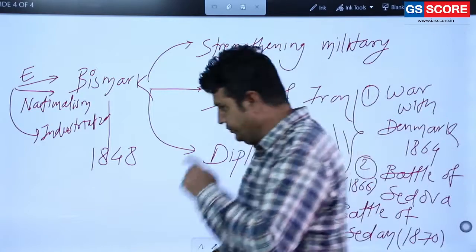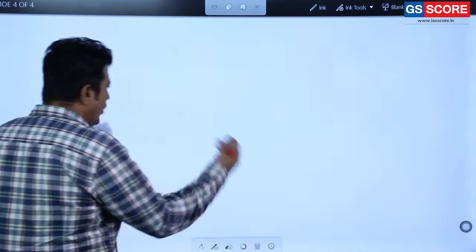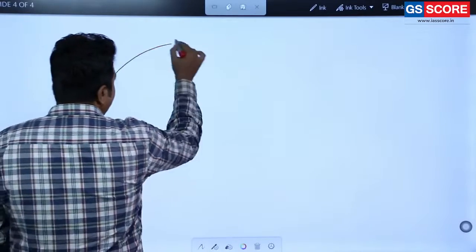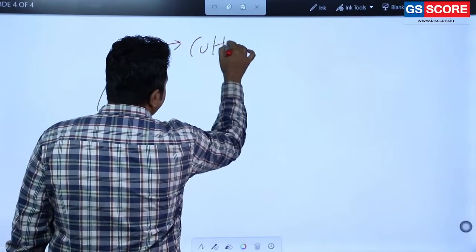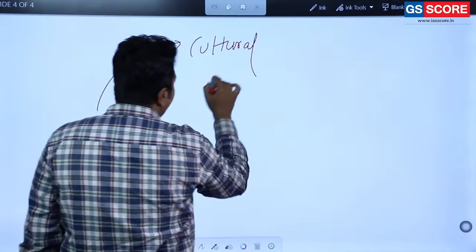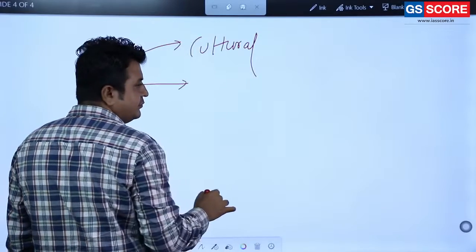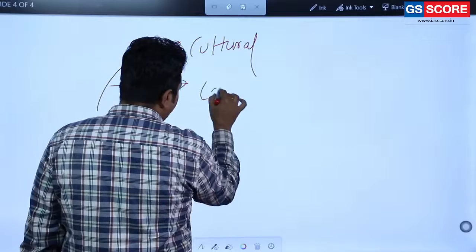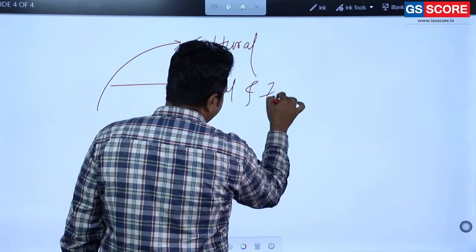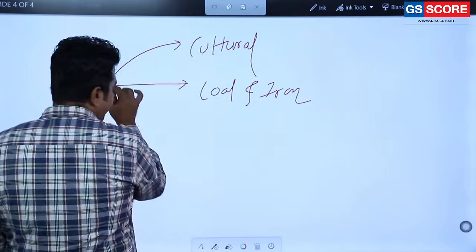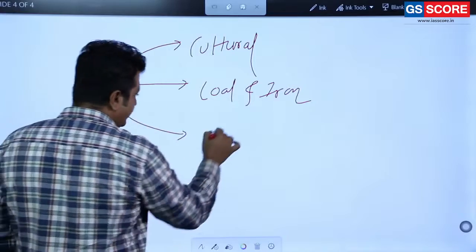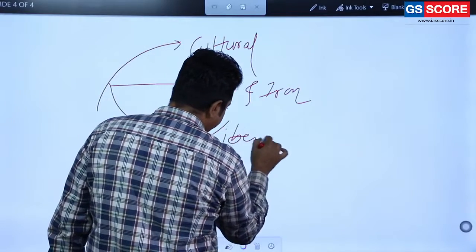Clear? So if we want to sum up, first, the cultural movement played an important role. Then the forces of coal and iron. Next important thing, liberals.